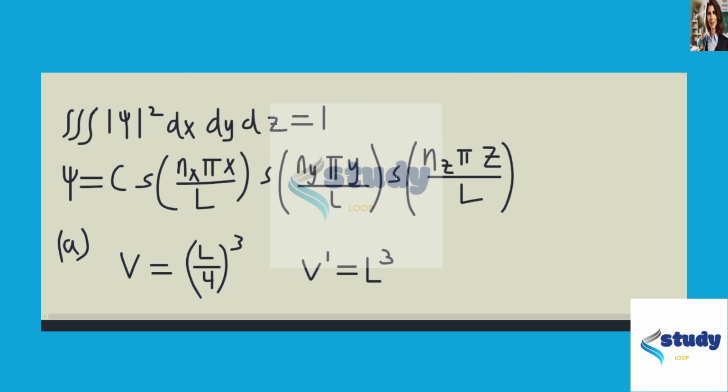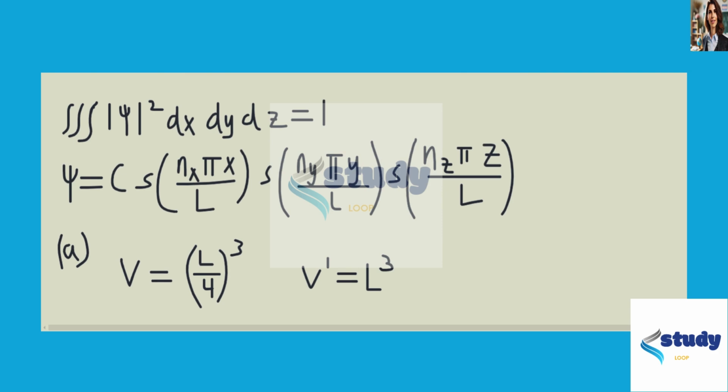In general, what we're going to use for parts B and C is the Max Born normalization condition for this cubical volume of a box, which is the integral over dx dy dz of the wave function psi squared equal to 1, where the wave function psi is equal to some constant c times sine, and I'm using the notation s for sine.